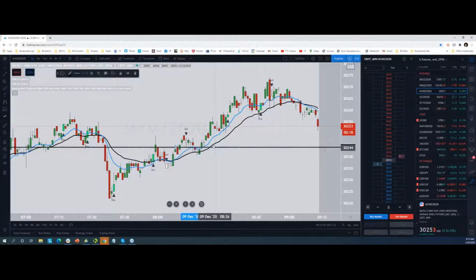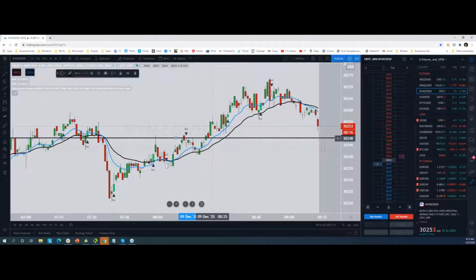Step three, we have a candle that closes above, let's just say above the high of the sell candle, this candle over here, right? Step four, we go long. This is our candle. So this candle completes, we go long.